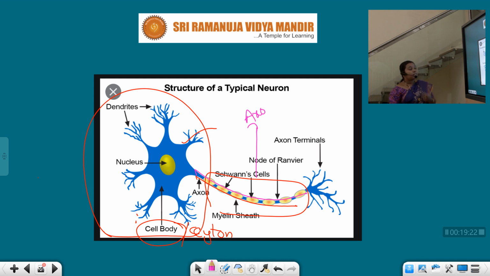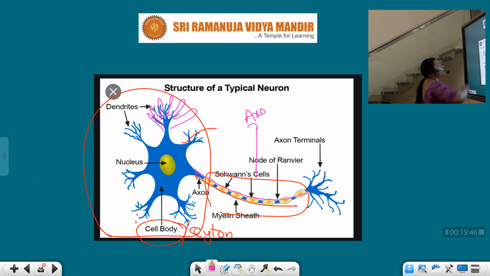And this axon is covered by the myelin sheath. The myelin sheath is present because it doesn't allow the impulse to go out of the nerve cell. And the axon is over. And see, the third important parts are called dendrites.